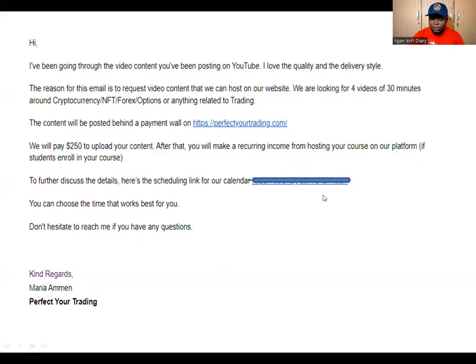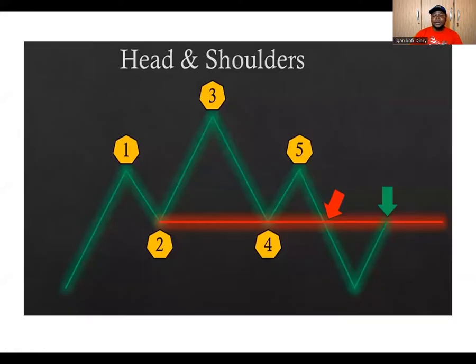Okay, so let's go to the chart and look at the pattern that we have looked at today. I'm taking you back, maybe in case you've forgotten. We are looking at this pattern here, which is the head and shoulders pattern. So I'm taking you straight to the MT4 or MT5 or TradingView. Which one should I do first?